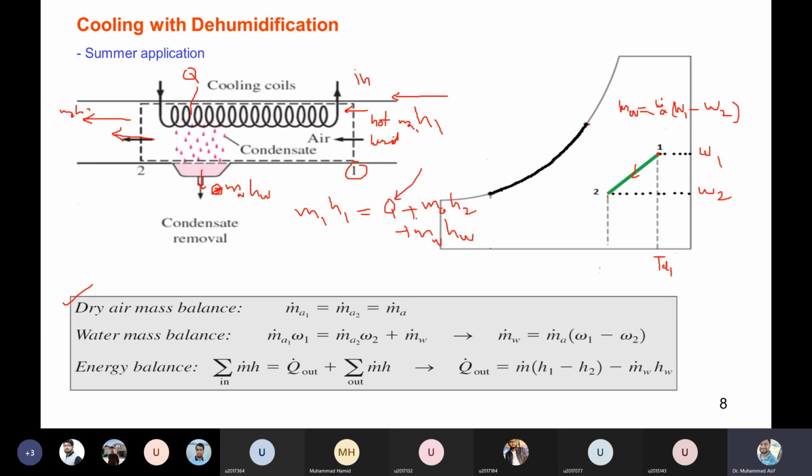So this Q will be equal to Ma, which will be common, times H1 minus H2 minus Mw HW. So finally you will get this equation after rearrangement. So this is how, by using the mass and energy balance, we can calculate the required quantities. For example, in this case, Q out is basically the cooling capacity of that coil. So that can also be calculated by the energy and the mass balance.